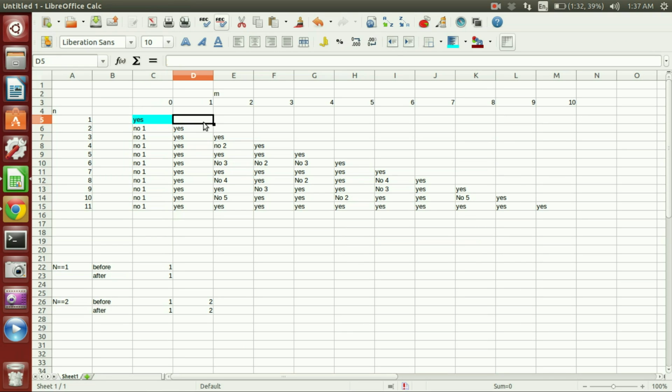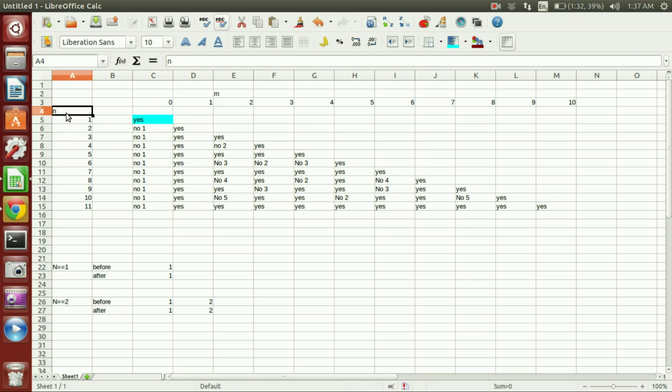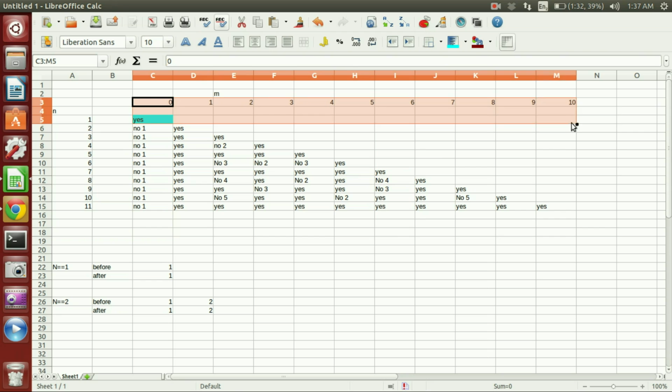Such kinds of problems need to be solved by taking a pen and paper and just plotting it down. Here is what you should do. We consider n from 1 to 11, and m from 0 to 10.